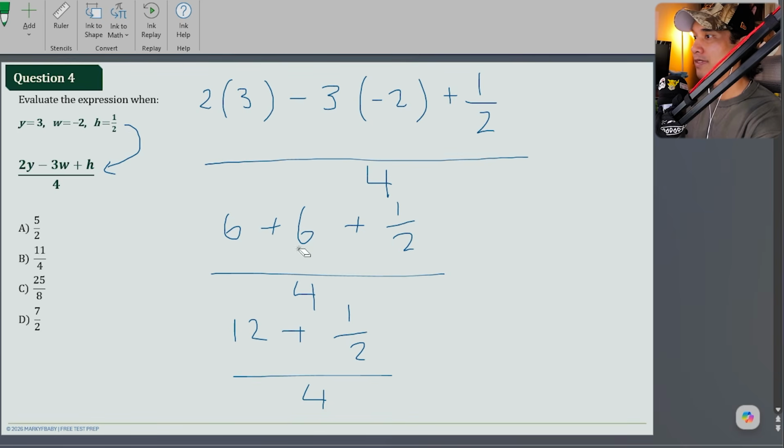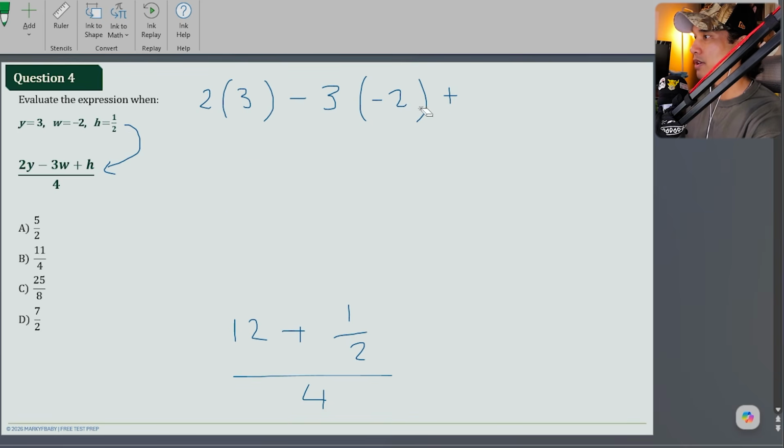Okay, now I'm going to erase everything here because what we need to do next is find a common denominator because we're going to be combining fractions. Okay, so this 12 is actually 12 over 1. And I need to make these bottom numbers, or the denominator, the same number.